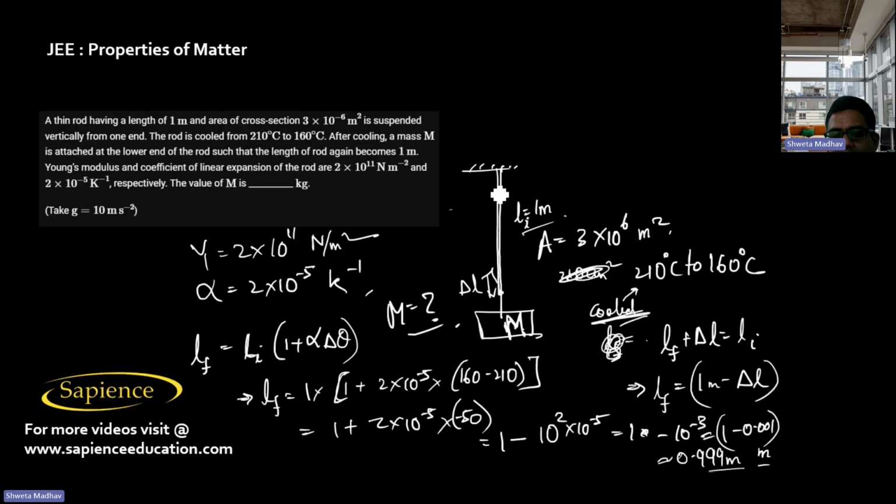So delta L is equal to L initial minus L final, that is 1 minus 0.999, which is 0.001 meters.